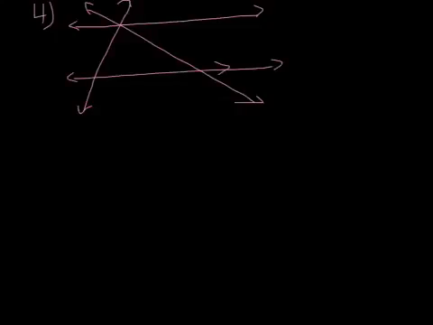And who knows what these two little arrows like that mean? They're parallel. Good job. And that's 72 degrees. This is Q. And this is 38. And the question asks me to find the measure of angle Q.